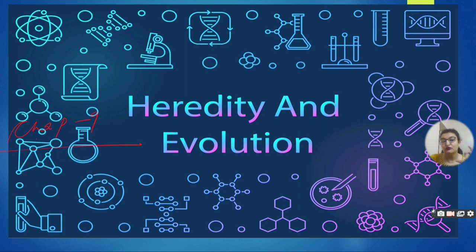In this, a lot of portion has been deleted from the syllabus as well. When we talk about heredity and evolution, it is coming only till evolution and the rest of the part is deleted from it.